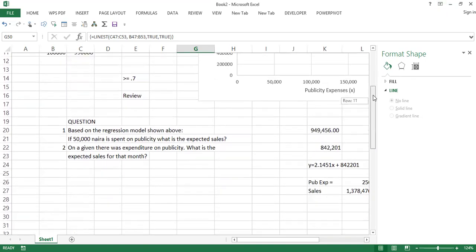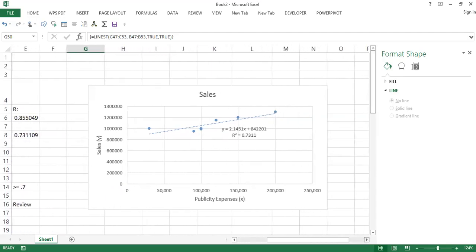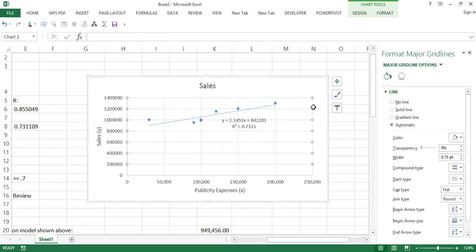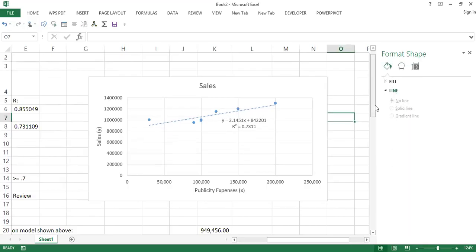So there's also another function you can use for exponential regression. But let's talk briefly about the other types of regression. Let's go back to our XY scatter. Now, which method do you prefer?